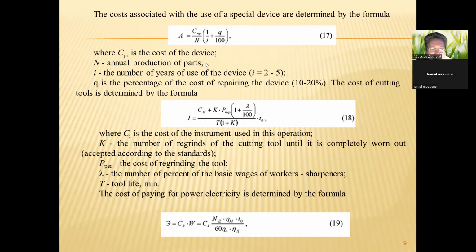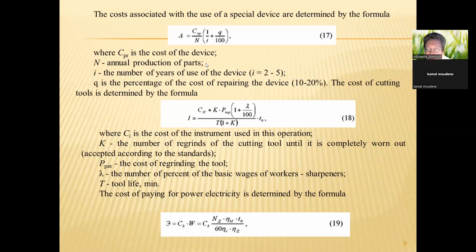Small i, the number of years of use of the device, can be equal from 2 to 5 years. Q is the percentage of the cost of repairing the device, from 10 to 20%.